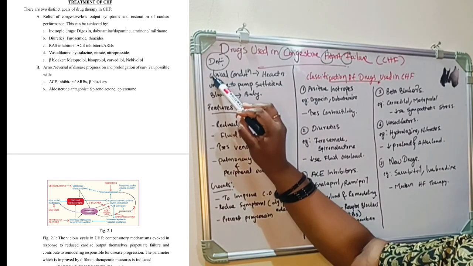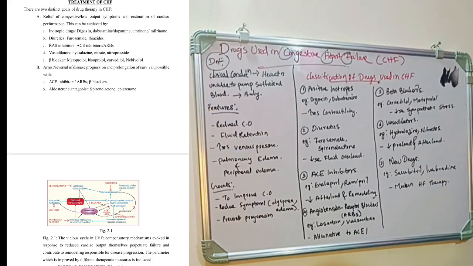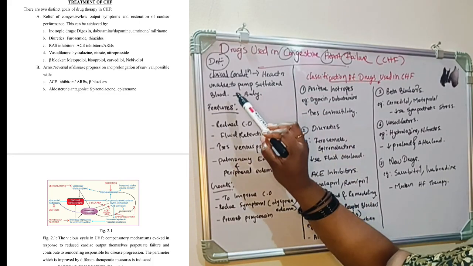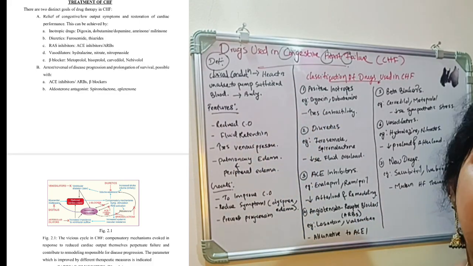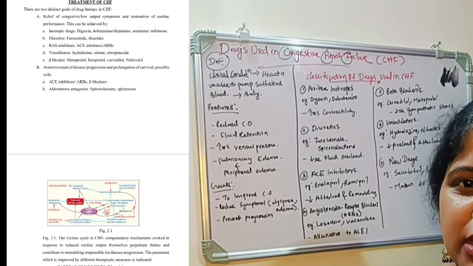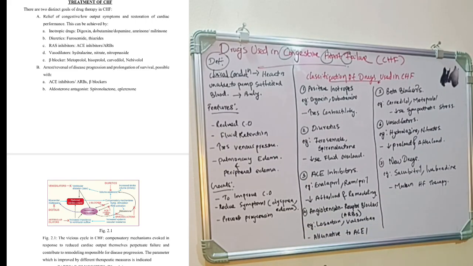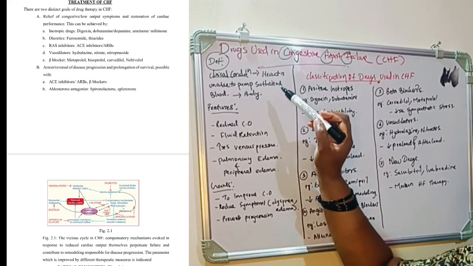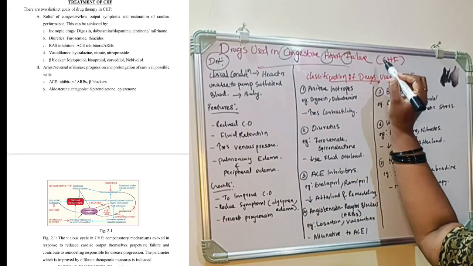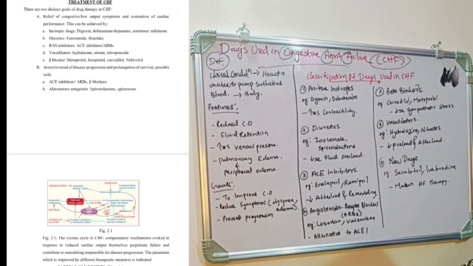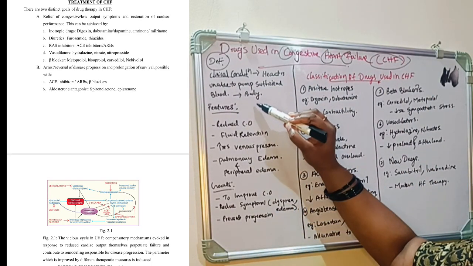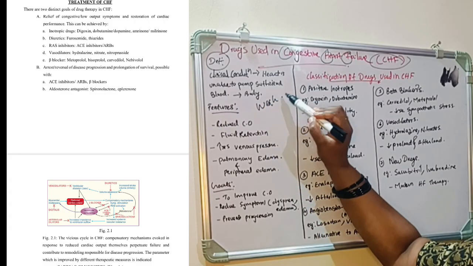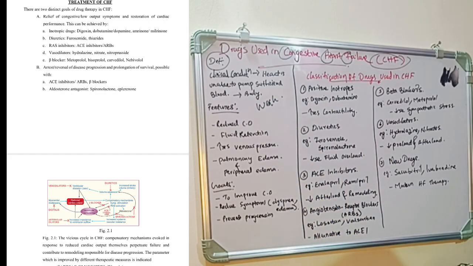This is a clinical condition in which the heart is unable to pump sufficient blood to the body to meet our metabolic needs. So we can say in this condition of CHF, our heart becomes weak, thereby pumping will be difficult.